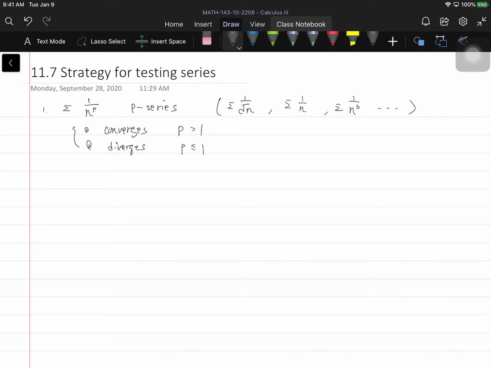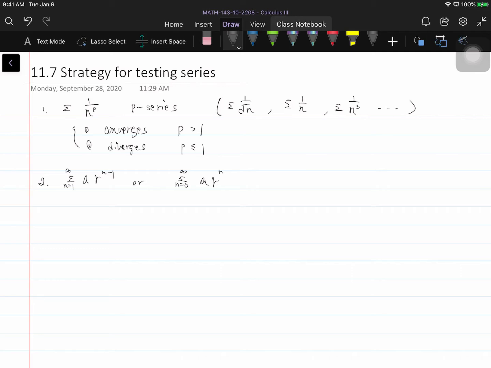P-series, right? And the second one we learned is the geometric series, the sum over n from 0 to infinity of a r to the n.